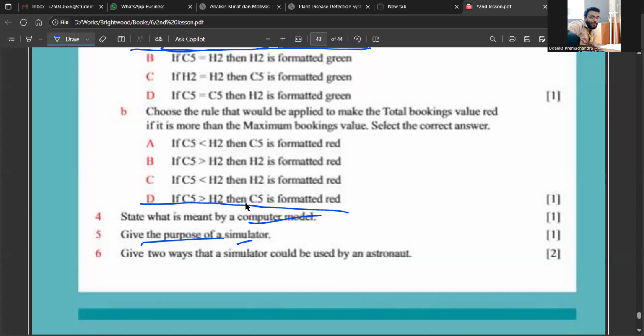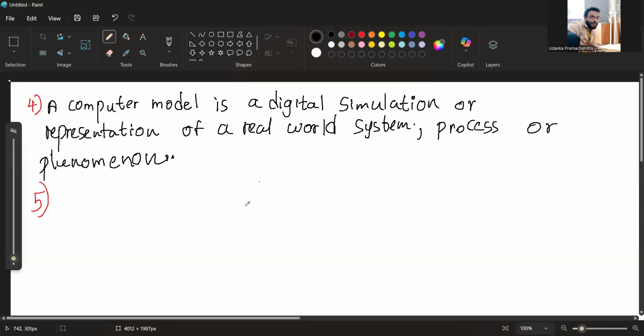I take the example of a plane simulator. Do you remember a plane simulator? Before creating a real flight, they use flight simulators for practice. The pilots and other members practice with them. They also have car simulators. Like before you take the license, you practice on car simulators. Like that, they have some simulators.